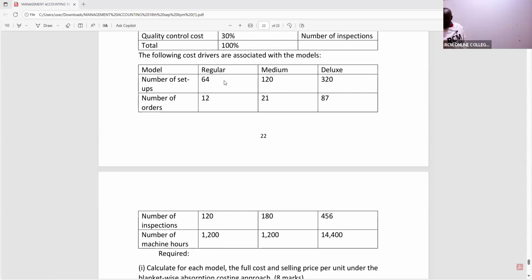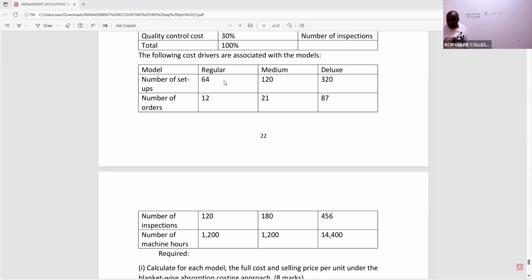So cost drivers, what do we have over there? We have the number of setups, for regular, medium, and deluxe.